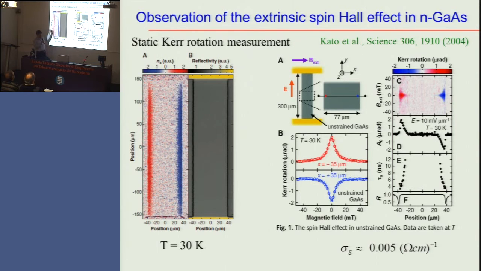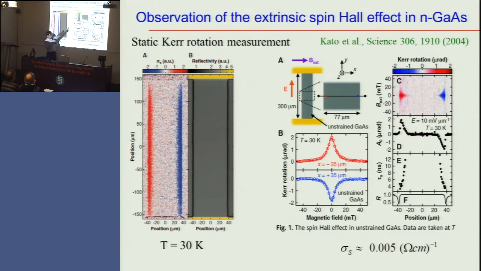Anyhow, by using the Kerr rotation measurement, they can measure locally whether spins are oriented up or down. And in the middle the spins are not aligned; actually, spins just lie in the surface. How did they prove this measurement? By applying a magnetic field this way, spins can precess, so the signal should disappear.